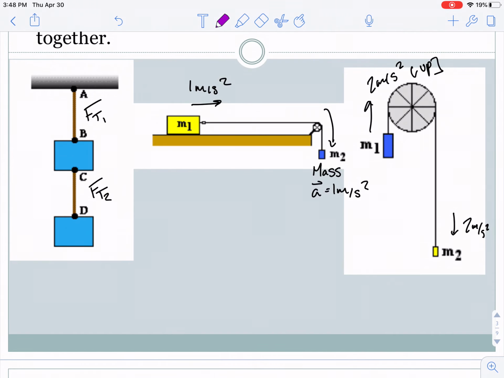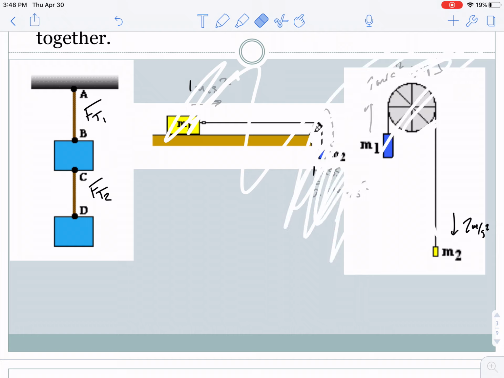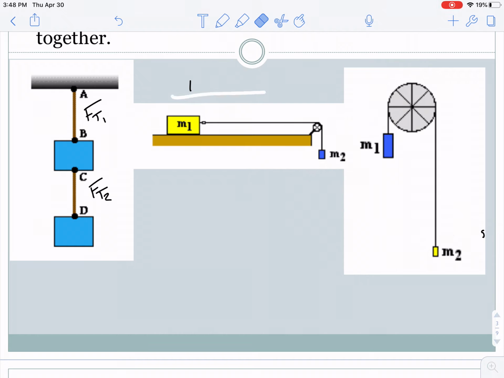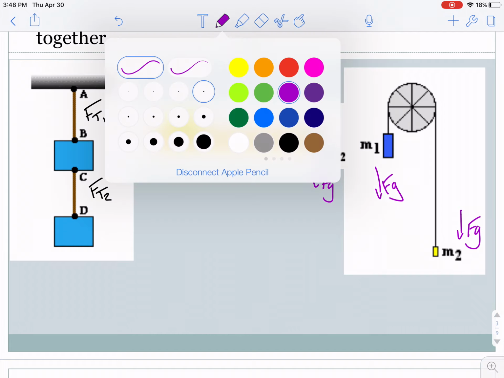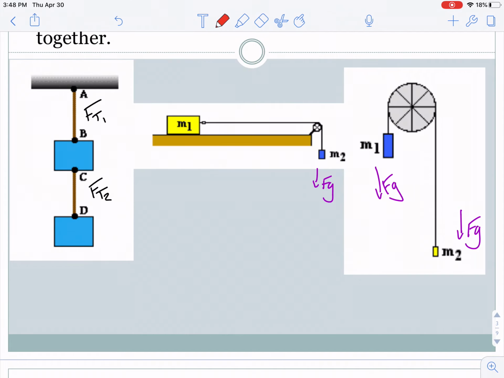This one is very similar. A couple of hints. These ones we're going to do both of these style here. They're different from the sled, in which case they're not pulled by anything. The only thing that they're pulling down is FG. Okay? And so in these ones, you follow the exact same steps, but if you want, and it's helpful, you can kind of bend these ropes with your mind and make them flat like the sled examples that we just did.